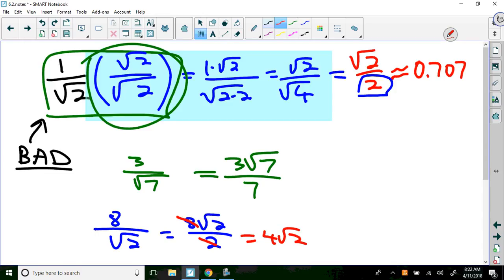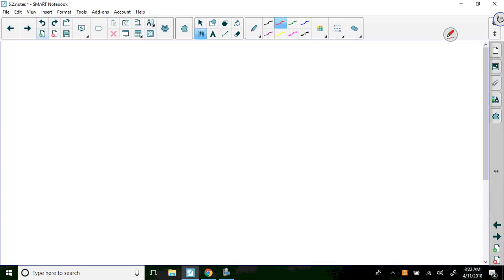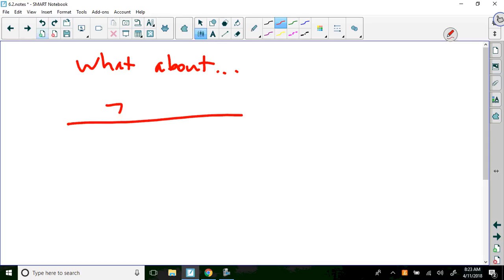So where these things get nasty is when we start throwing variables in the mix. Oh, man. So what about something like this? 7 over the square root of 8x cubed.